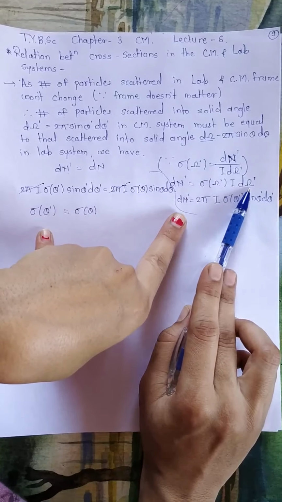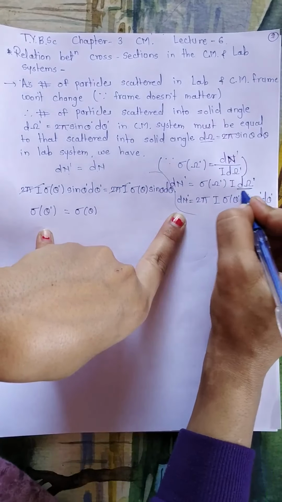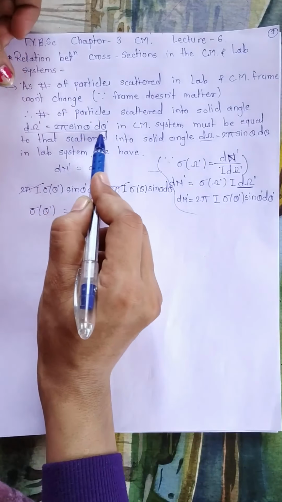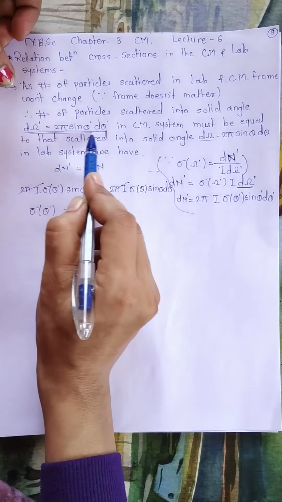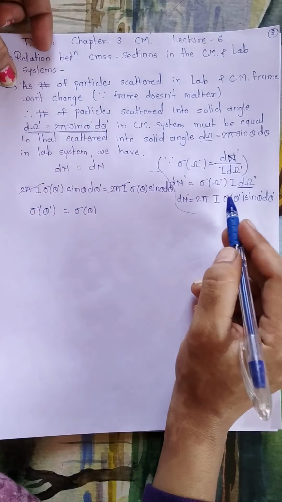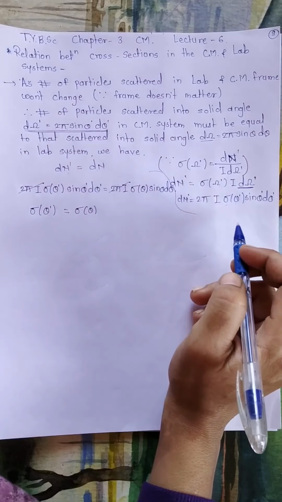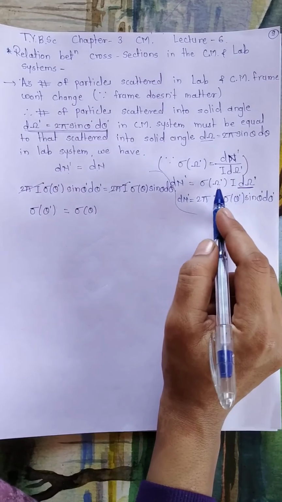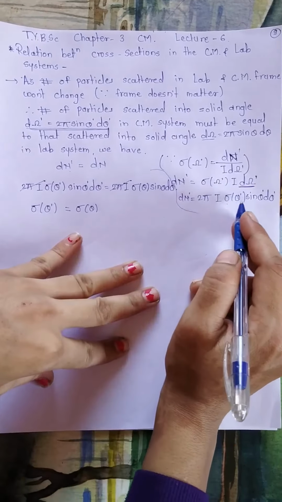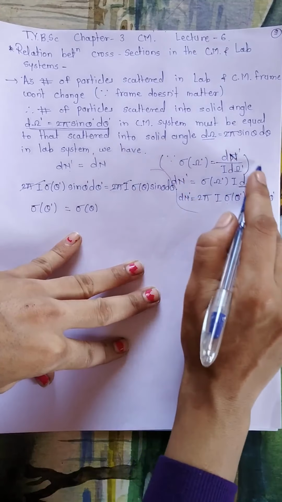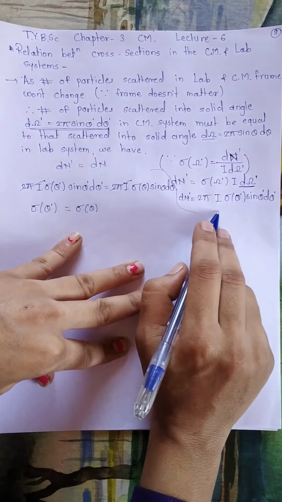And here you know that this d omega dash is nothing but 2 pi sin theta dash into d theta dash. So I have substituted the value of d omega dash. So this differential cross section will become a function of theta dash. This discussion we already did in the previous lecture.